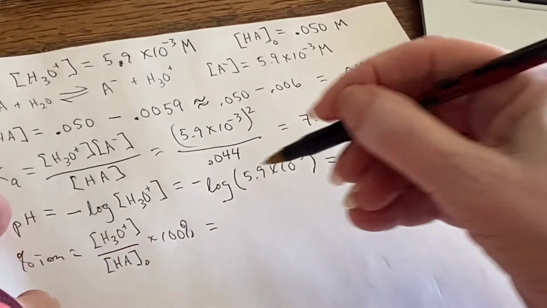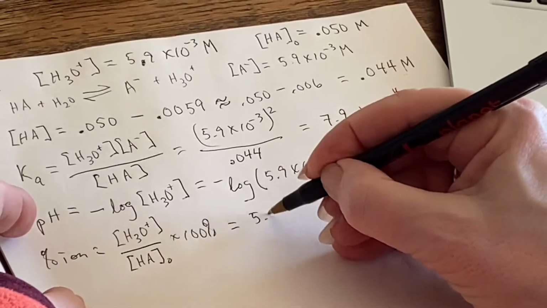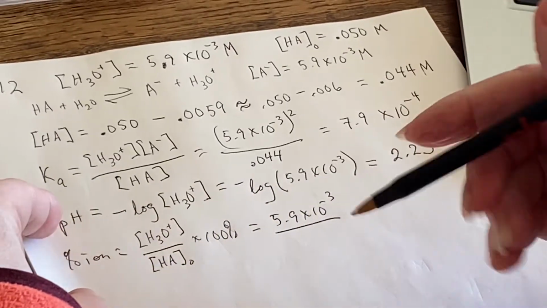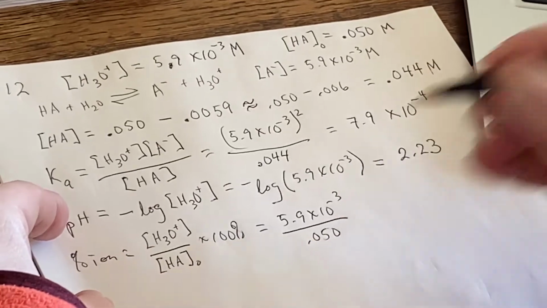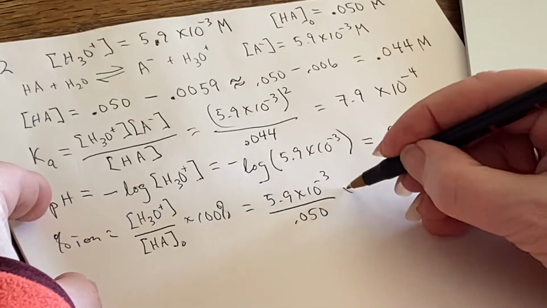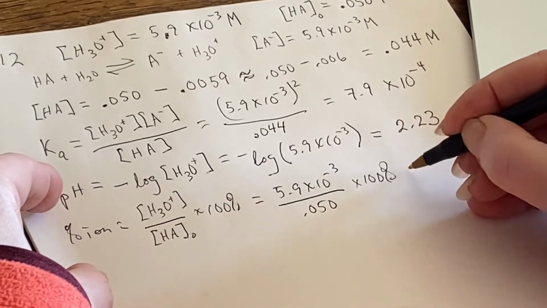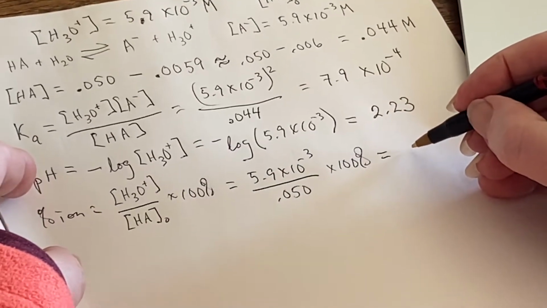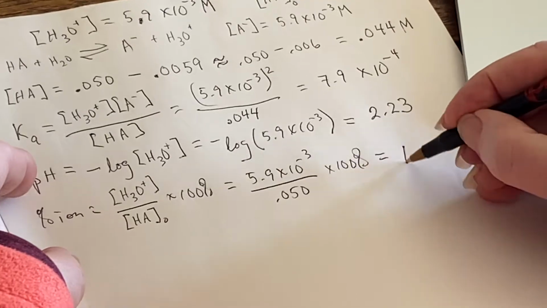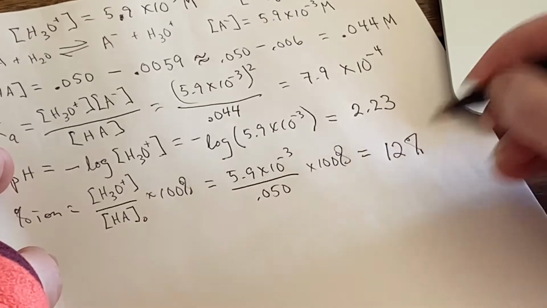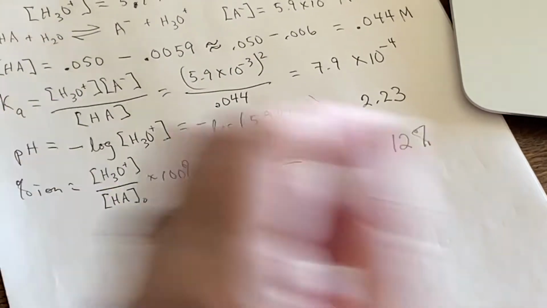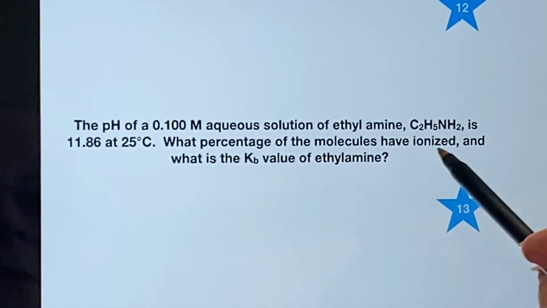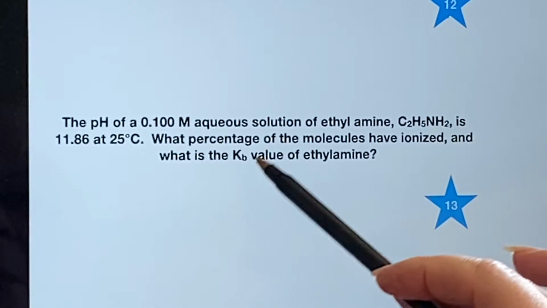So if I put those numbers in, I've got the 5.9 times 10 to the negative third over the original, which was 0.050, and turning it into a percentage. Put that through your calculator and realize that you have only 2 sig figs. You're going to come up with 12%. 12% actually dissociates.